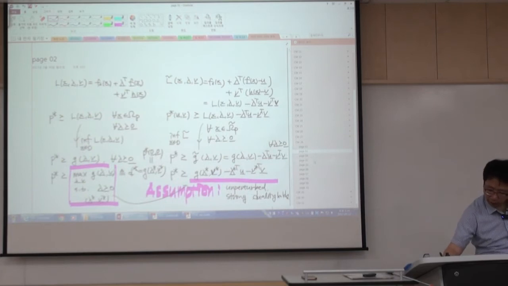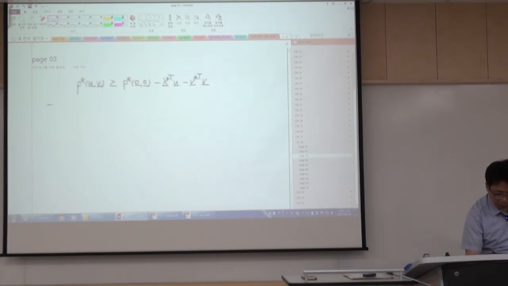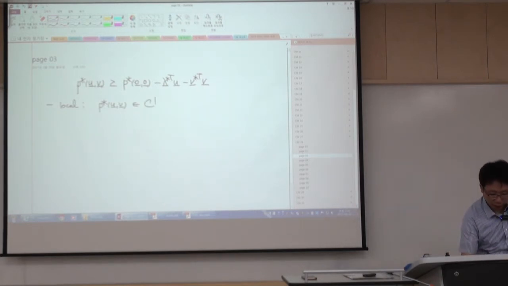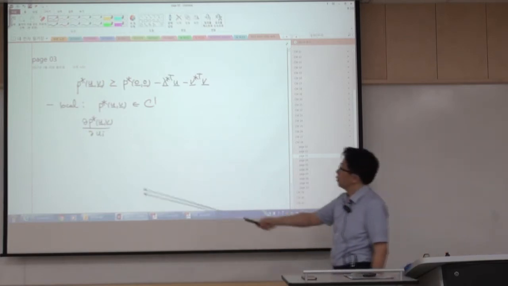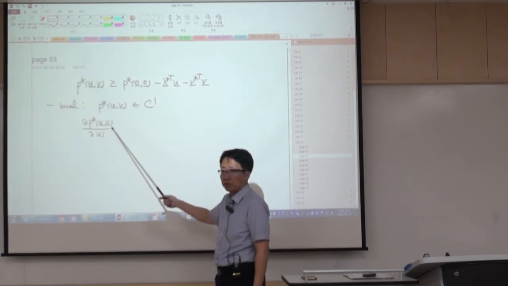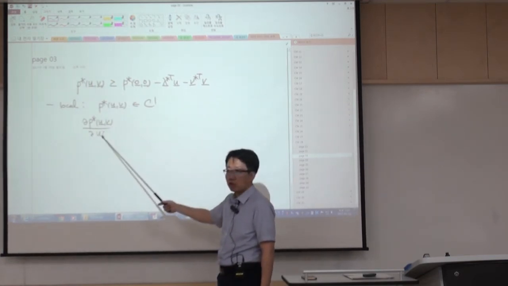Okay, second, local sensitivity analysis. You need P star UV to be continuously differentiable. The result was very simple and meaningful. So you partially differentiate the optimal function value of the perturbed problem by u sub i.